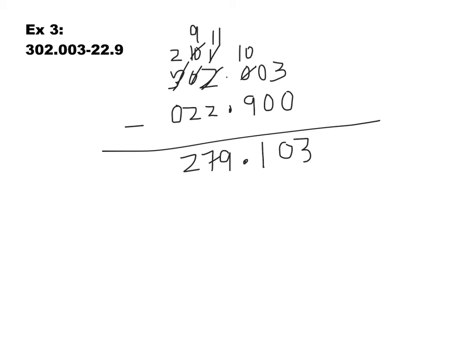So the answer becomes 279.103. Now, if I ask you to write this number in fraction form, you write it as 279,103 divided by, if you look here, there are 3 digits after the decimal. So this corresponds to the number 1000.